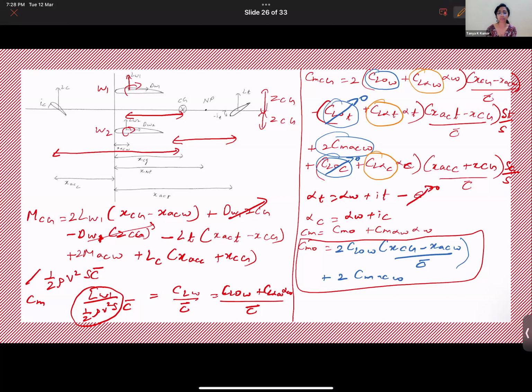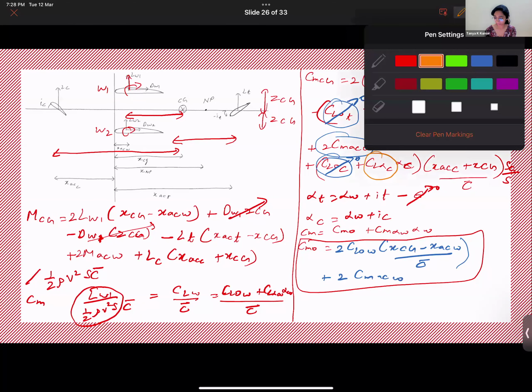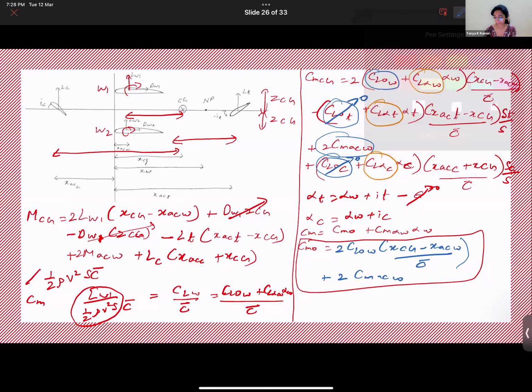Have I missed some terms in Cm naught? Just look at it carefully. I have missed some terms in Cm naught. Can you tell me which are those?